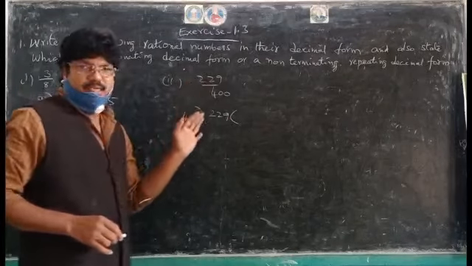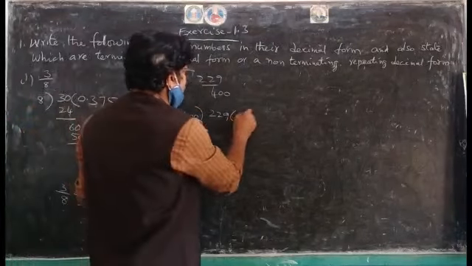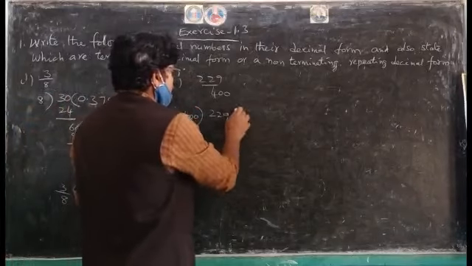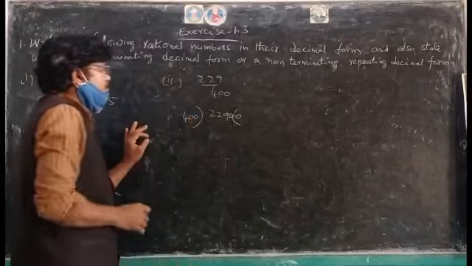So 229 is the smaller, so that's why 0 point. Put 0, or assume 0. 0 point.